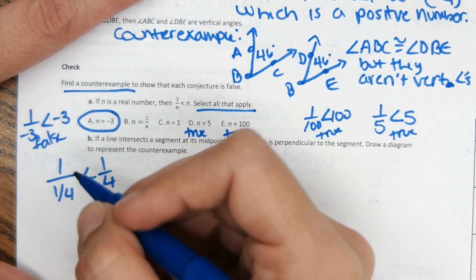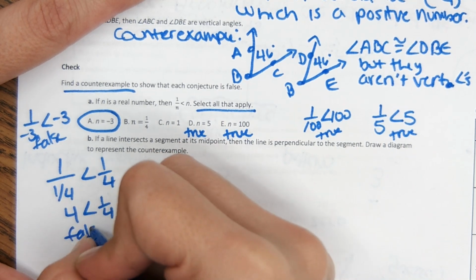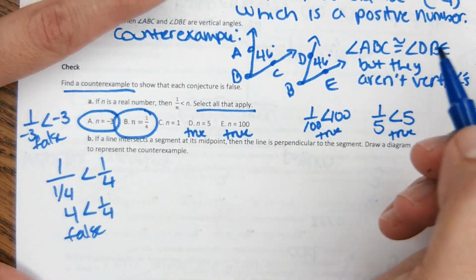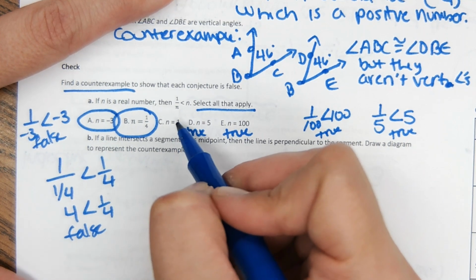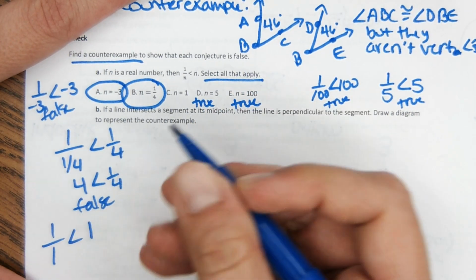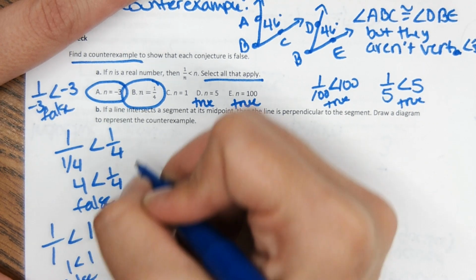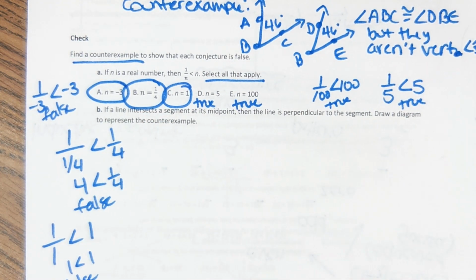Well, 1 divided by 1/4 would just be 4, and that is not less than 1/4, so that is false. So this would be a counterexample. And then for 1, 1 over 1, is that less than 1? No, 1 is not less than 1. That's false. This is a counterexample as well.